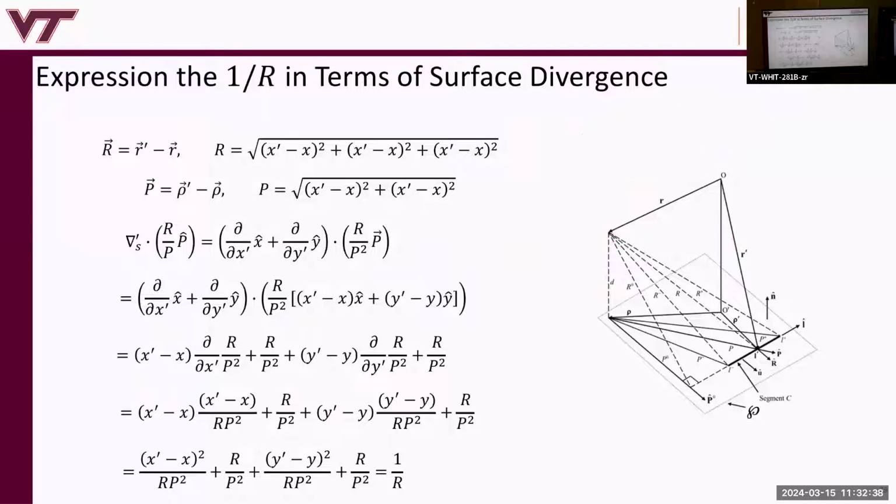Now the next step is we rewrite R here. R is this thing here. And we have R over P squared becomes x minus x prime over R. That's because we're differentiating now.